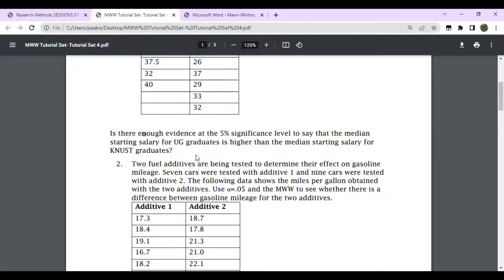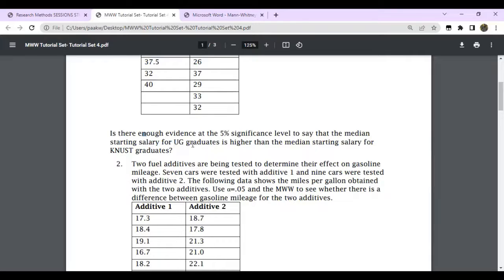So if the HA was saying that the starting salary for UG graduates is higher than the median starting salary for KNUST graduates, then our answer is pointing us to H0.